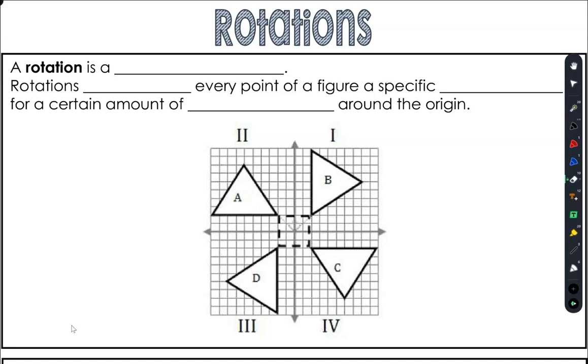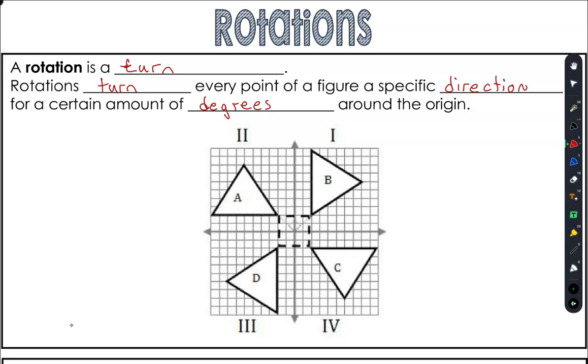So first, what is a rotation? A rotation is a turn. Rotations turn every point of the figure in a specific direction, for a certain amount of degrees, around the origin.